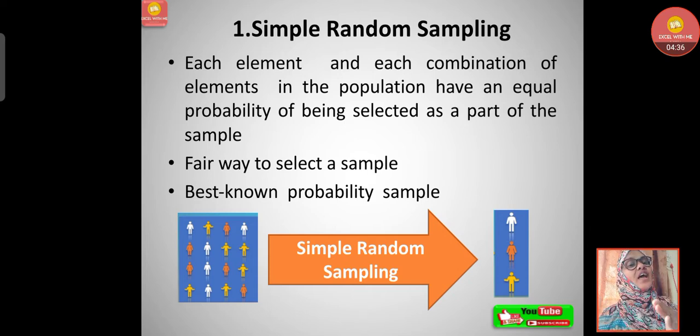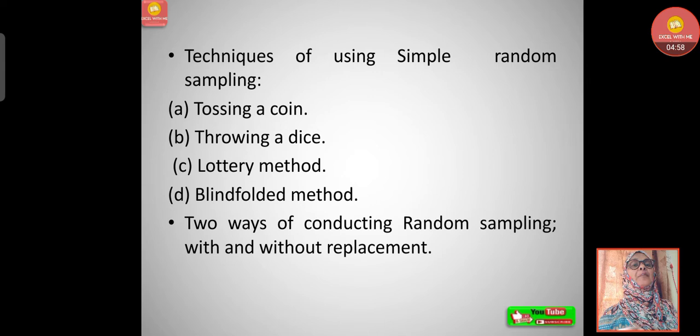Here is a fair chance, a fair way to select a sample, that is the best known probability sampling. You can see the picture here: from out of this whole population we select randomly one from one group, another from another group. That is simple, randomly we are selecting that sample. That is the technique. So let's see how we select them.